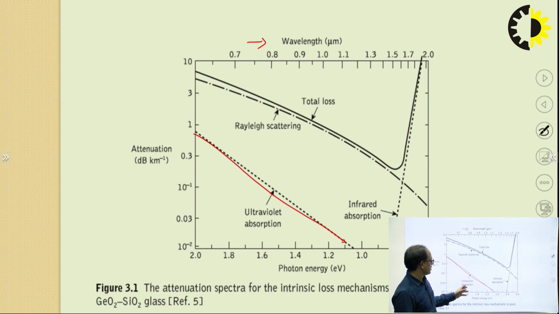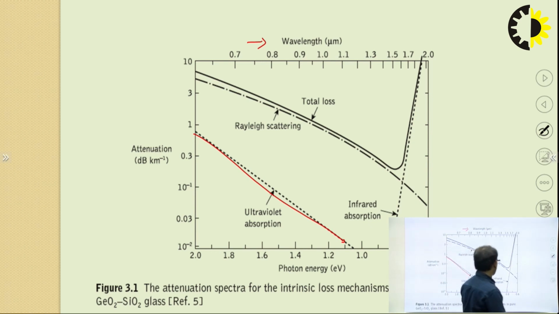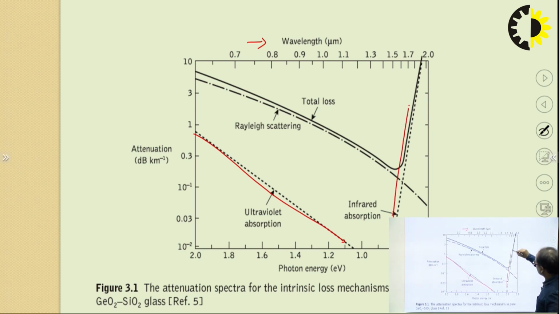But at around 1.3 or 1.4 micrometer the infrared absorption starts increasing, clear. And this one is the total loss. This is the graph of the total loss with respect to the wavelength, and this total loss consists of both absorption and scattering.